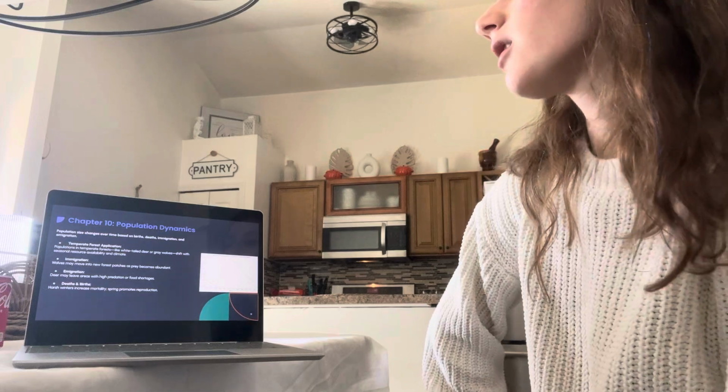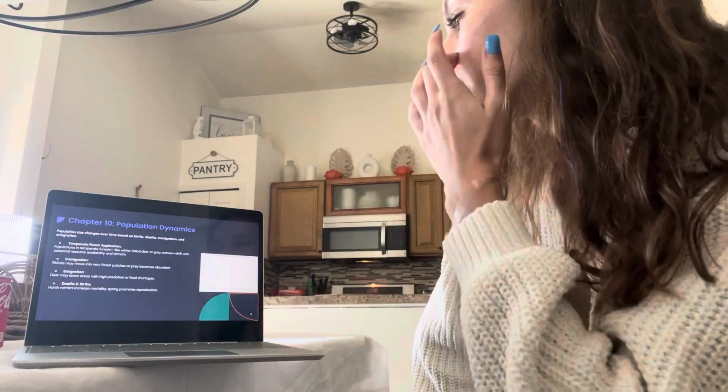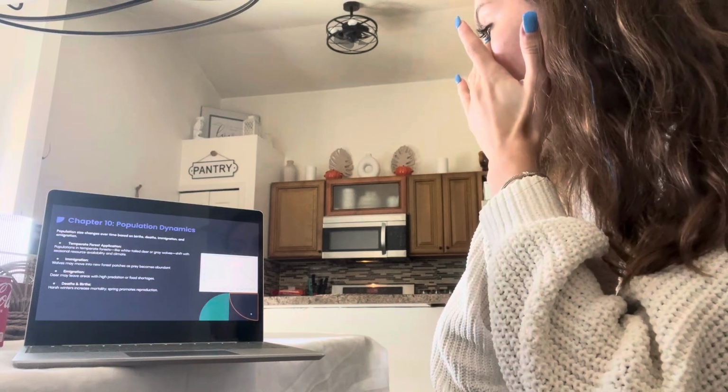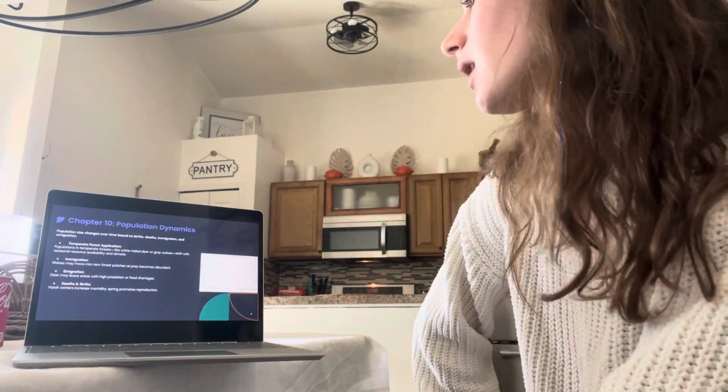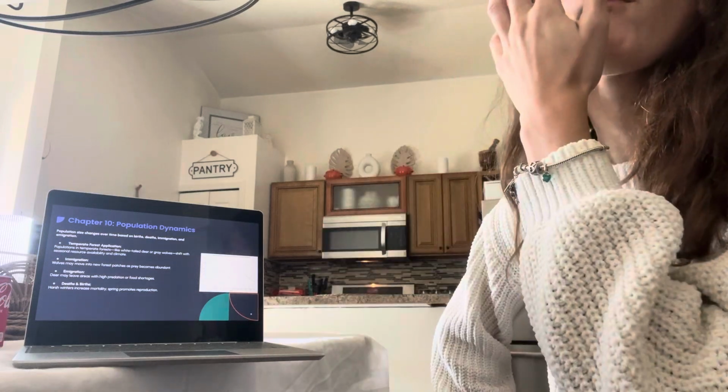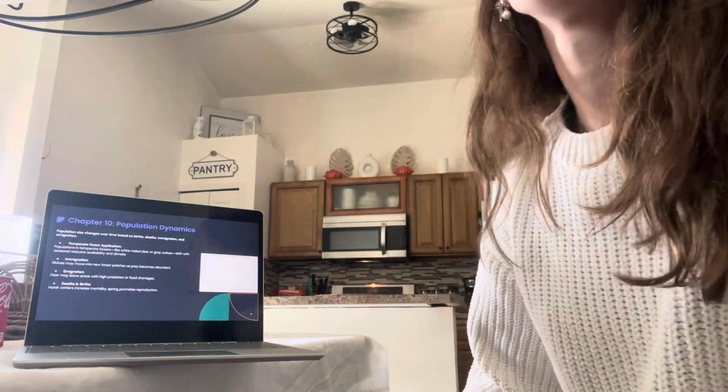Emigration: deer may leave areas with high predation and food shortages. And deaths and births: harsh winters increase mortality, springs promote reproduction. The population shifts with seasons, animals migrate or die off in the winter and increase again in the spring when food is available.